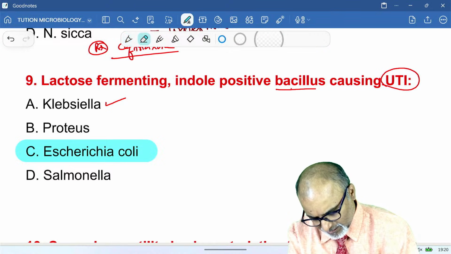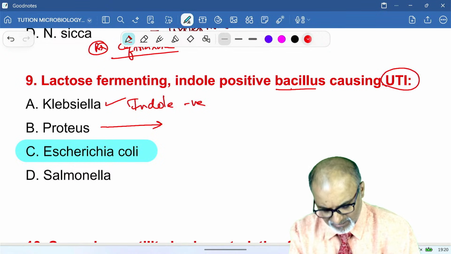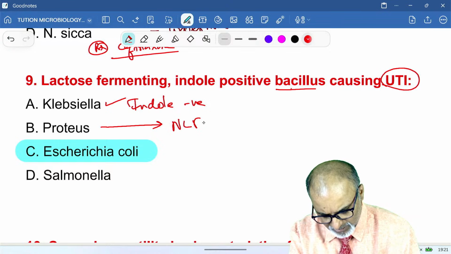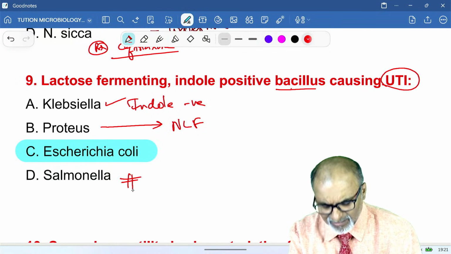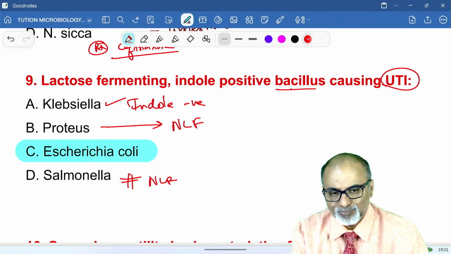Proteus causes UTI, but is sometimes indole positive or negative. It is a non-lactose fermenter. Salmonella usually won't cause UTI, and it is a non-lactose fermenter.